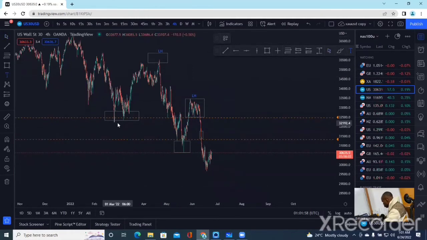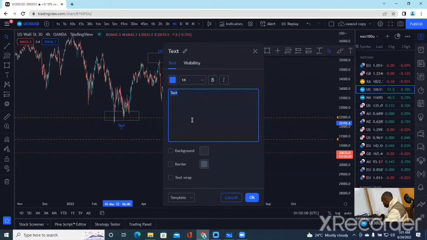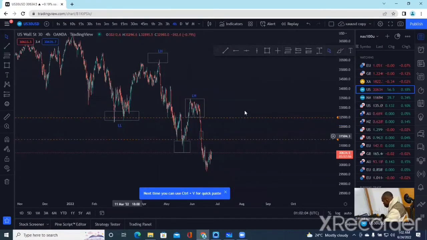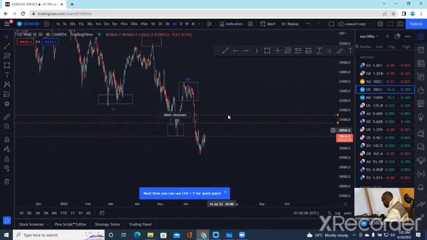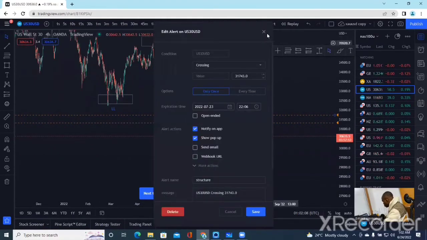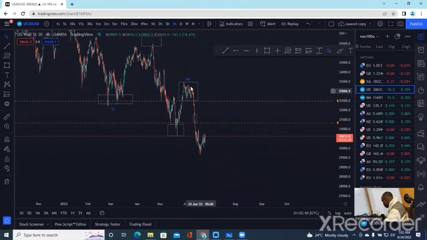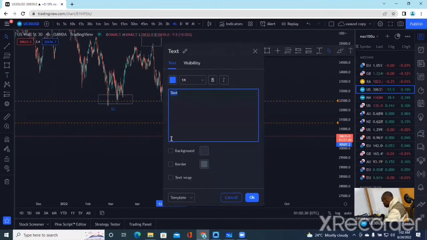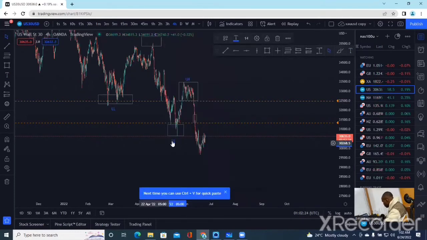Here's our low, our lower low. Then consider when the market gets to this lower high here and breaks this lower low here. Now you can see that this is actually holding the bearish movement.